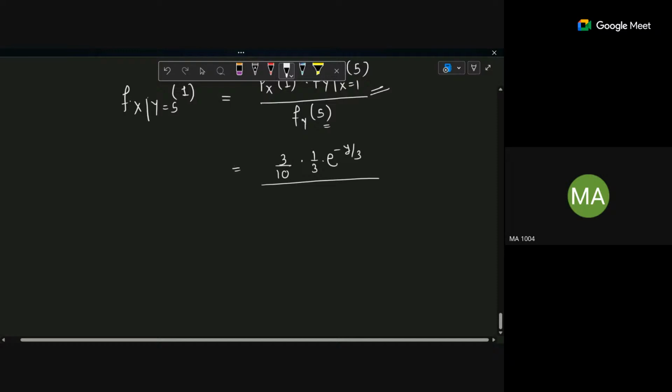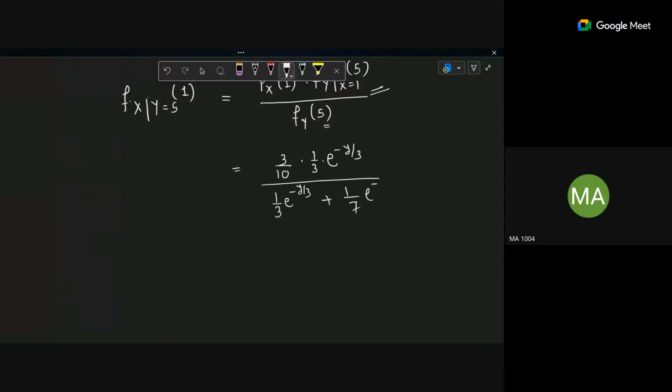So 1 by 3 e to the power minus y by 3 plus 1 by 7 e to the power minus y by 7.